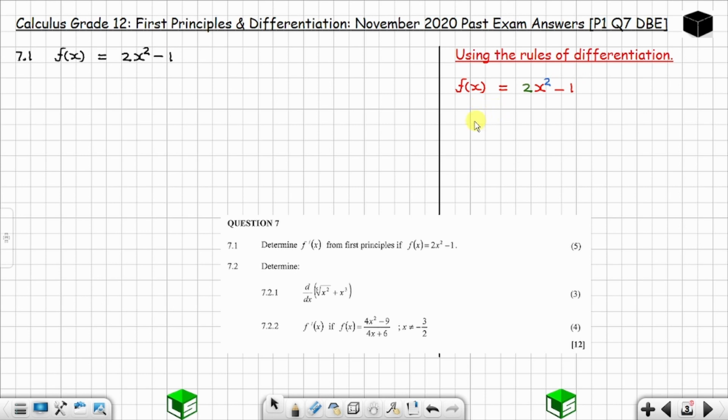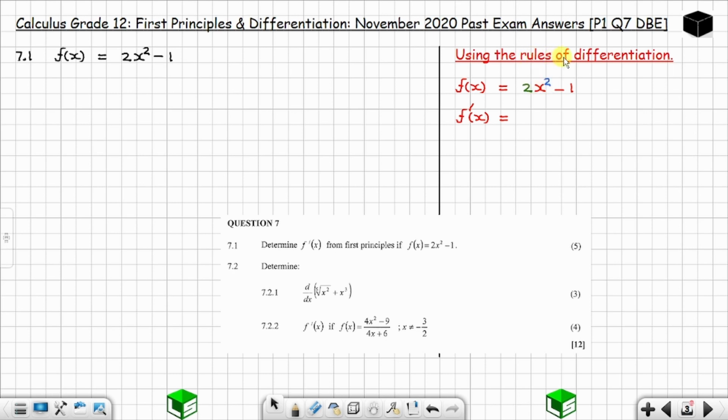Okay, so the derivative of f of x, which is f prime of x, is equal to, according to the rules of differentiation, you take that exponent and multiply it by the coefficient. You can see I have my exponent in blue and my coefficient in green. They are in different colors for you to follow this properly.